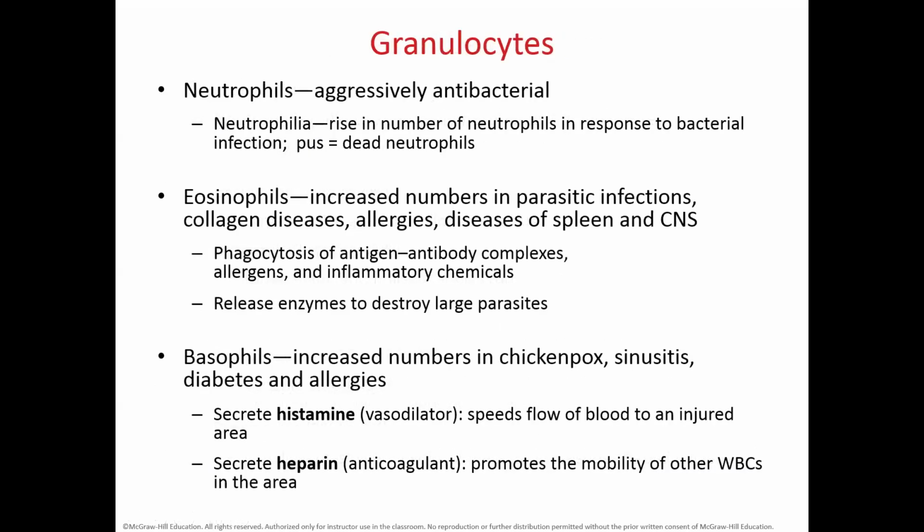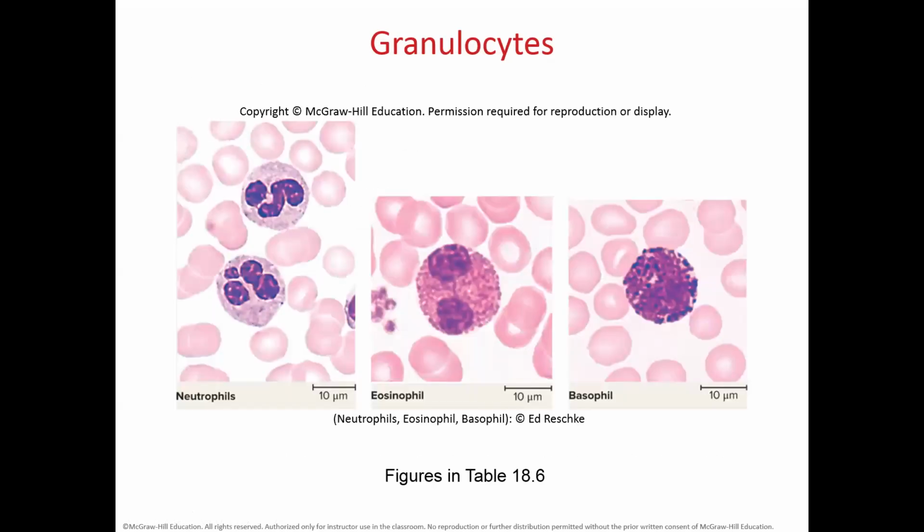I'm going to talk about these individually with our outline notes, and obviously you can see it's in the PowerPoint too. Here are the granulocytes. Notice that this purple lobe has like several lobes in it. These are the neutrophils, and they're primarily responsible for fighting bacterial infections. Here you see it's bilobed.